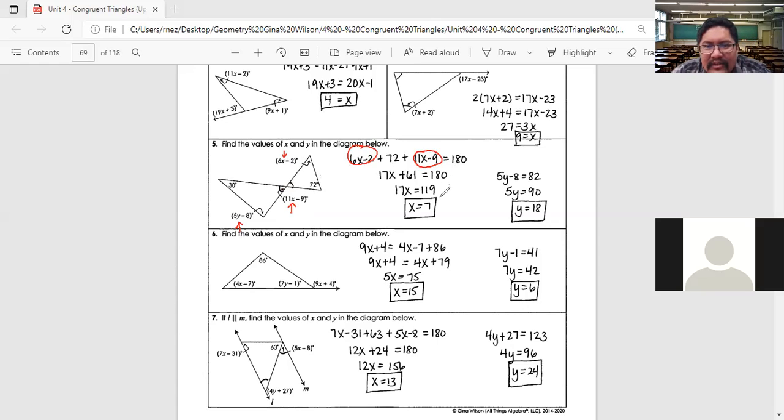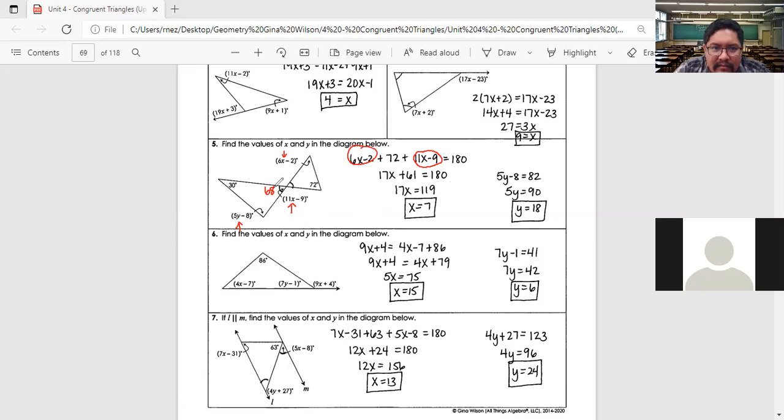Now, in this case, I think you'd have to find out what x is first before you find out what y is, because now that we know that x is 7, you're going to have to plug it into here. So that would be 77 minus 9. And that would be 68 degrees, I believe.